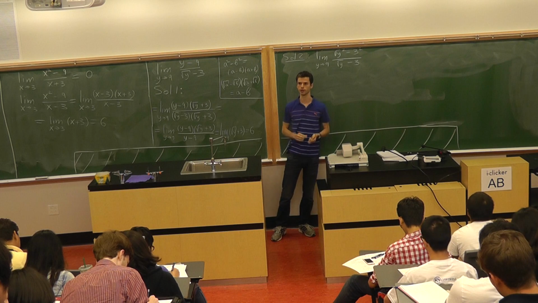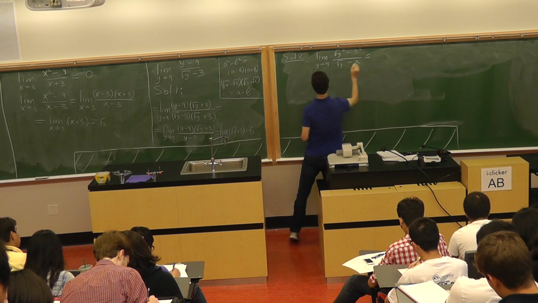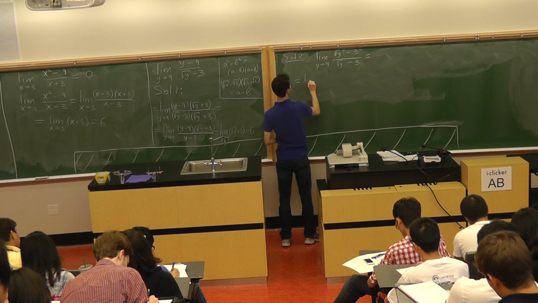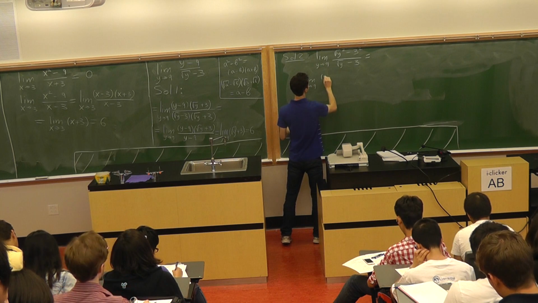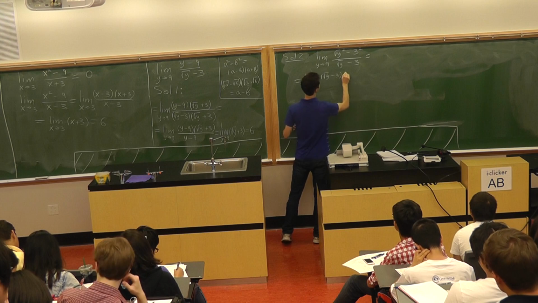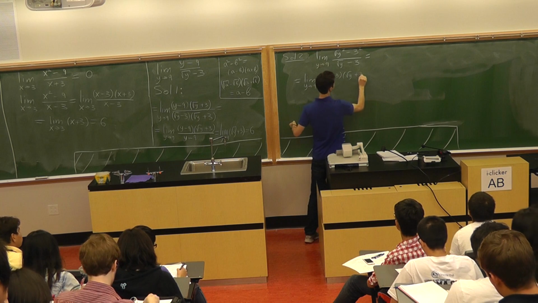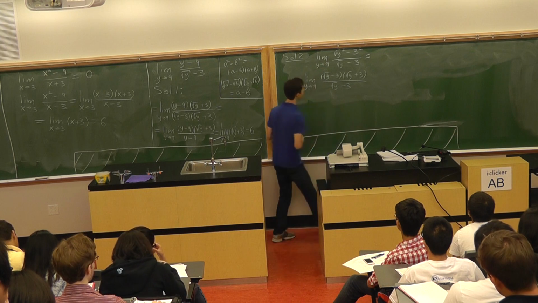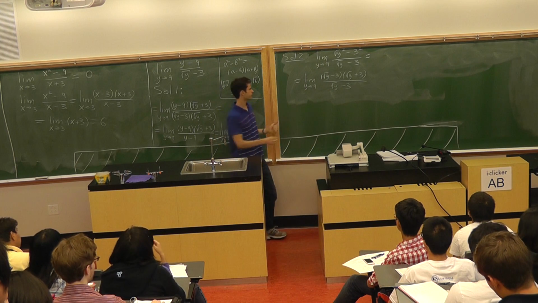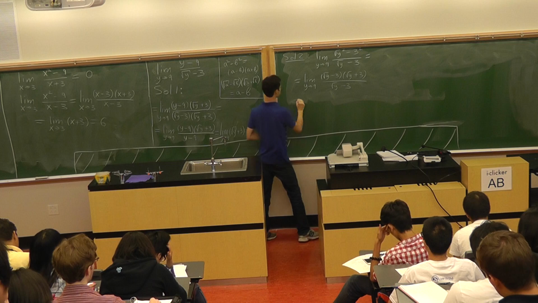I'll use this formula. So this limit is the same as the limit as y tends to 9 of (square root of y minus 3) times (square root of y plus 3) divided by (square root of y minus 3). And now, once again, I can cancel this part.